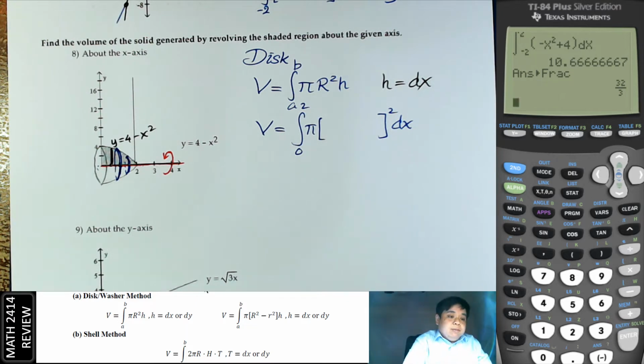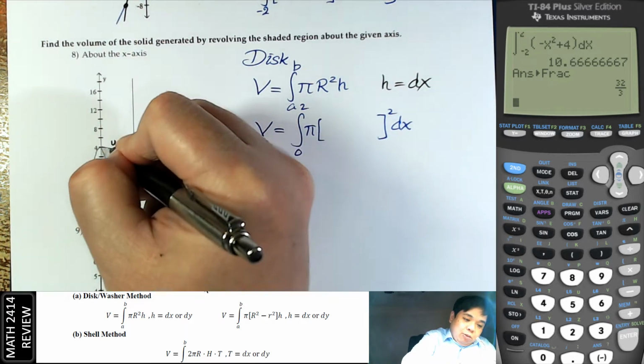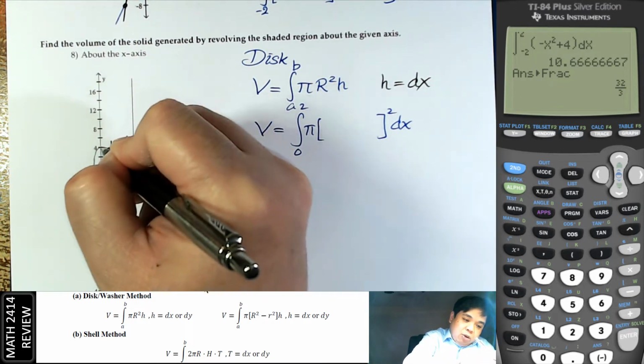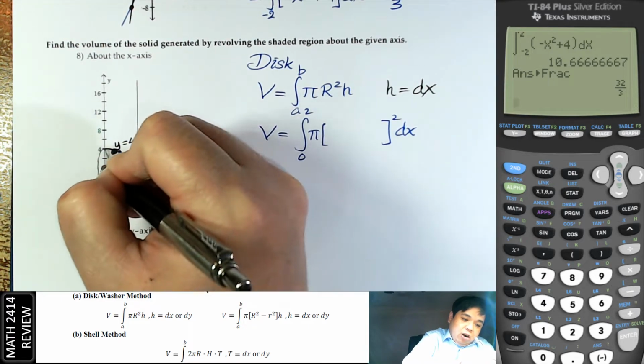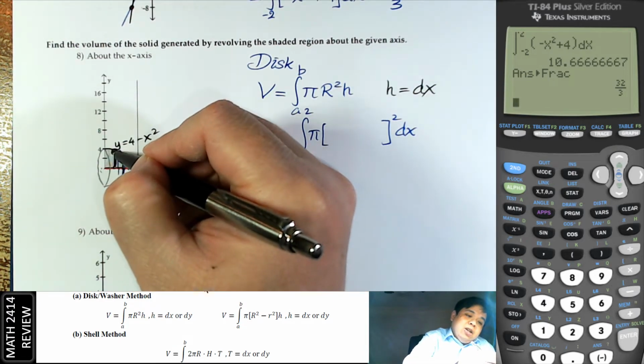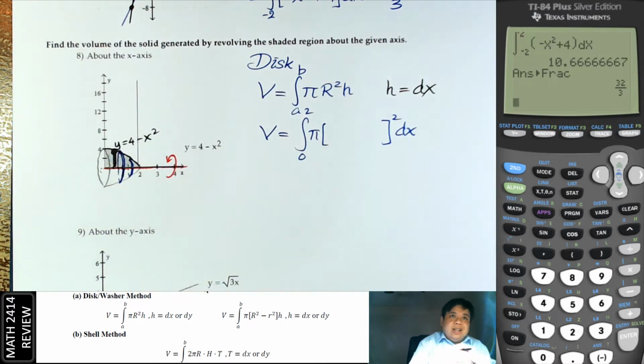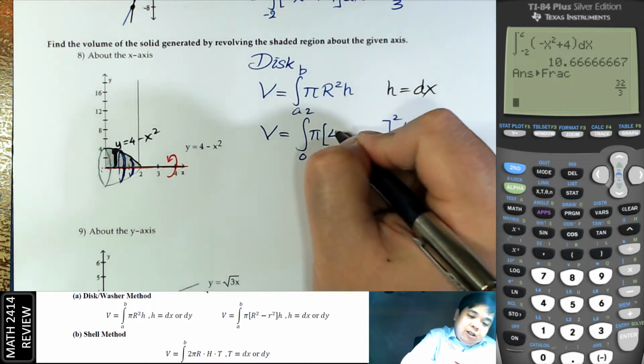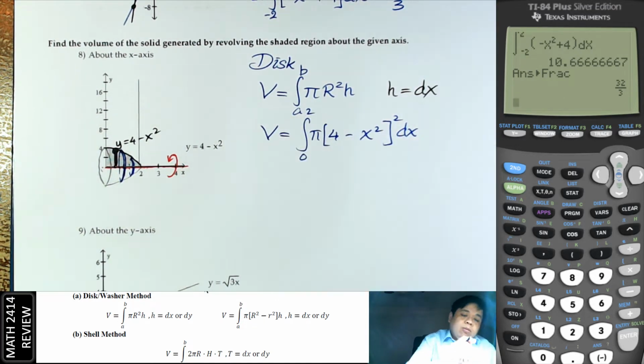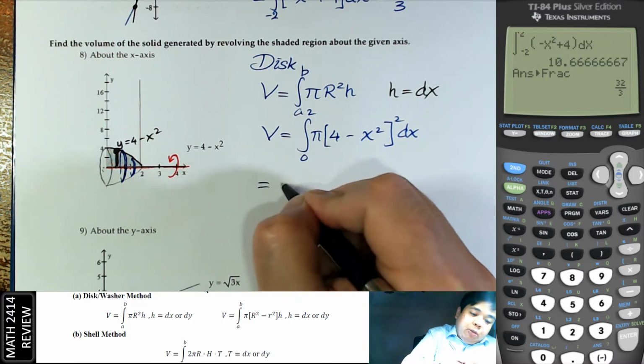So we have the function above, which is that parabola, subtract the function below, the x-axis. So we have this is r, the distance from the axis of rotation to the edge. For this method, that's what we have. Right? Of course, we can pull out pi.